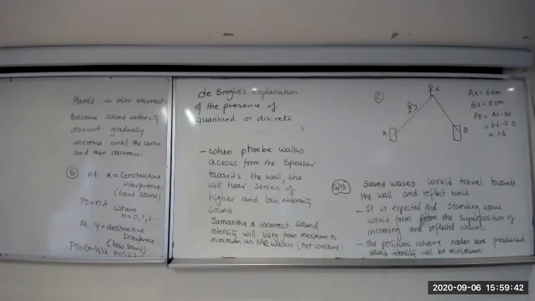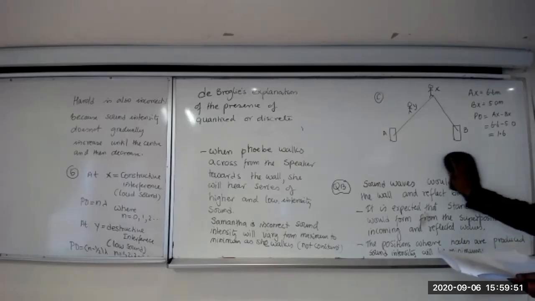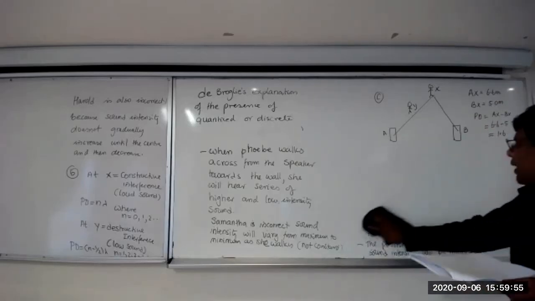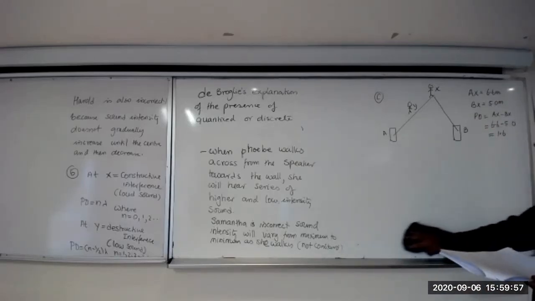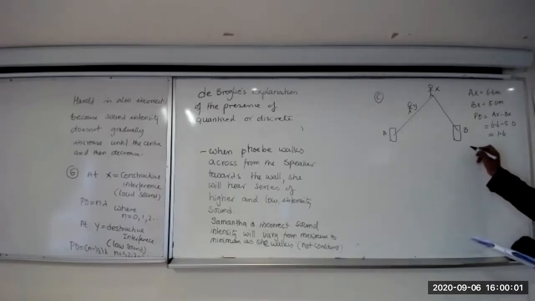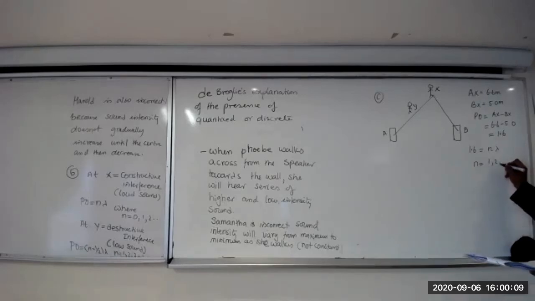So your wavelength could be 0.8 or could be 1.6. The path difference is definitely not 0. So that indicates it should be n lambda. So 1.6 should be n lambda. N can't be 0, it should be 1, 2, 3, and so on.